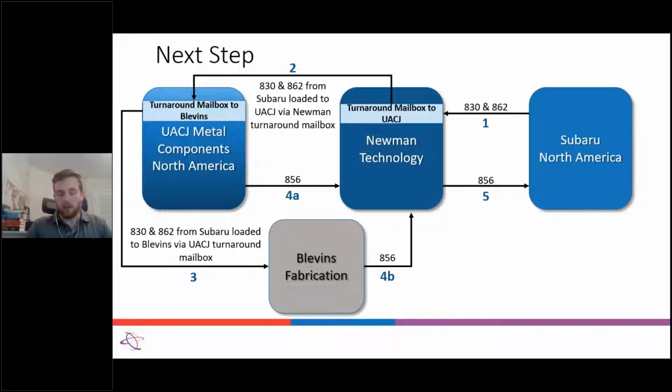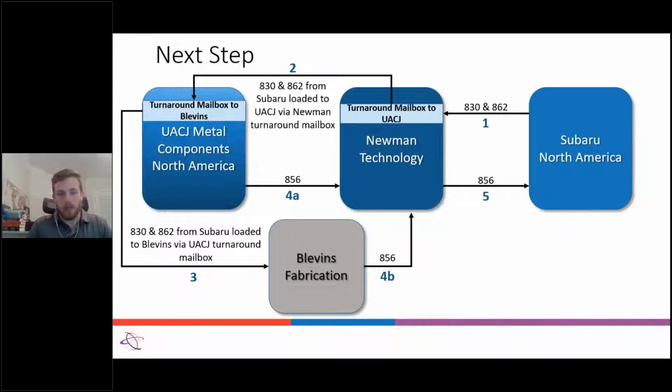So we run into the issue where we cannot turn around a document to more than one turnaround mailbox in a single PCN. So the idea here is Subaru sends Newman the 830 and 862, and for the 2 suppliers in question, UACJ and Blevins, we can only send to one of those via the turnaround.